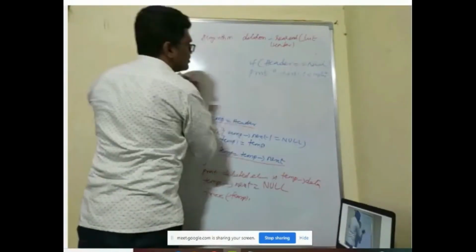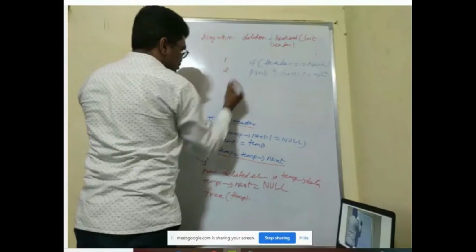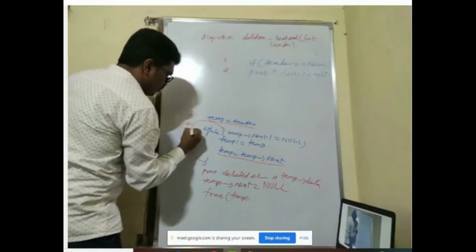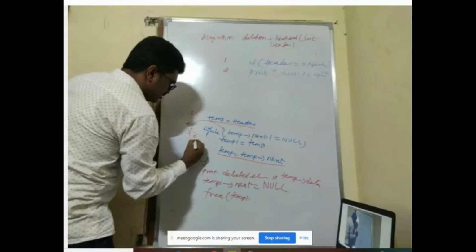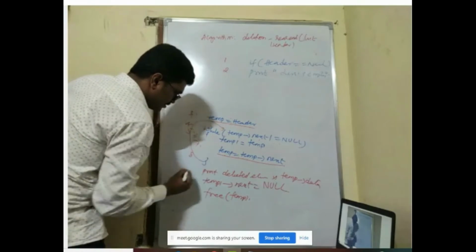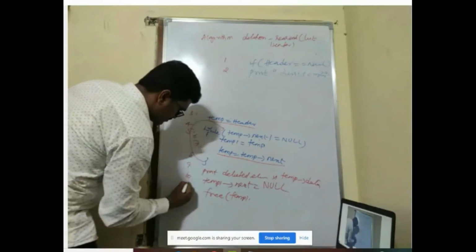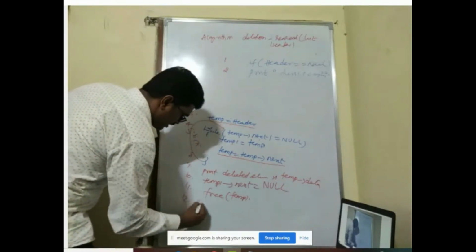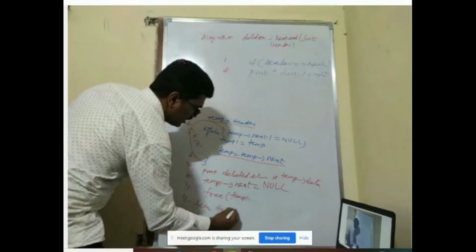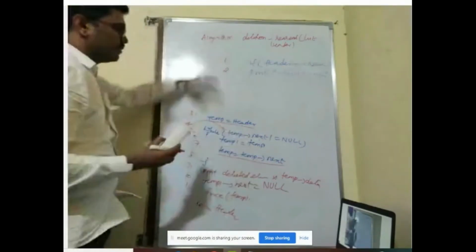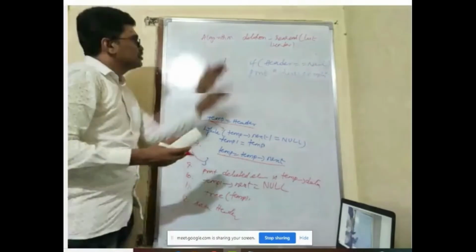Okay. So this is step 1, step 2, step 3, up to step 12. Just write the numbers, it becomes an algorithm. Put this heading and do it.